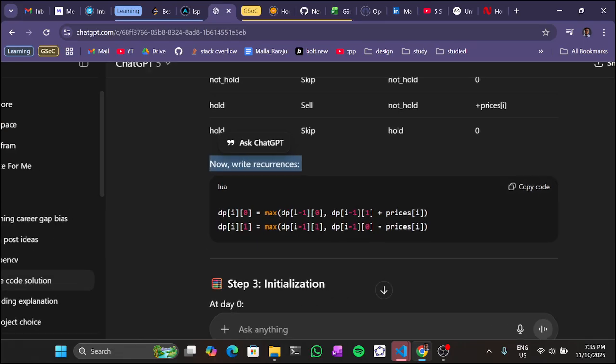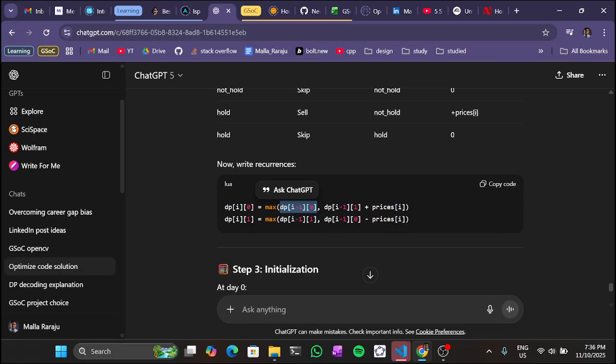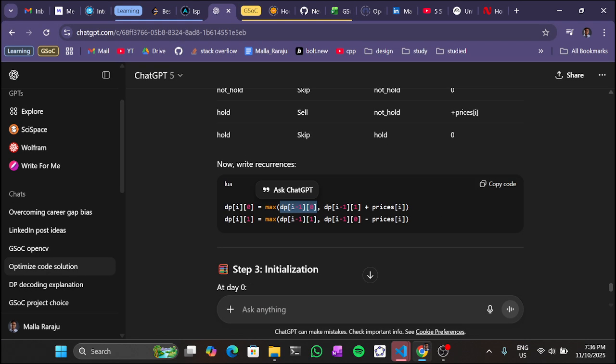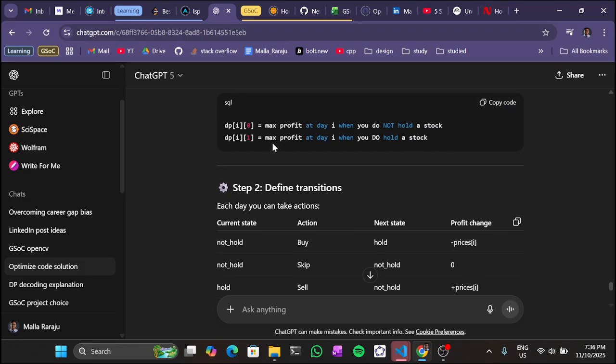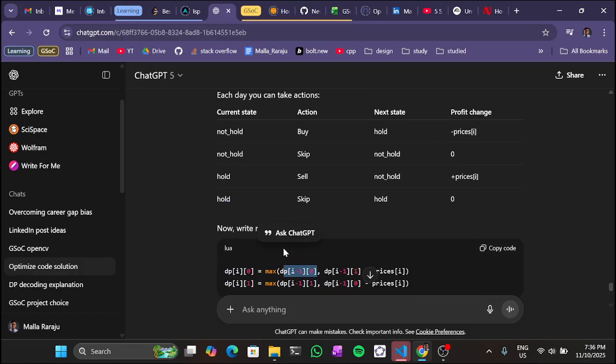Now write the recurrences. Maximum of, since you are... max profit at day i when you do not hold a stock. So I guess we are not holding the stock here. How?